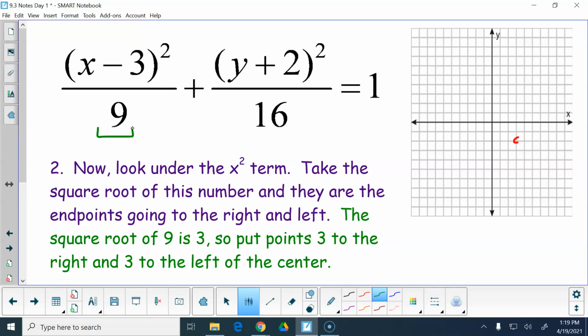So we're going to take the square root of that number, and that's how far left and how far right we're going to go. Well, what's the square root of 9? 3. So I'm going to go to the left 3, 1, 2, and 3. I'm going to go to the right 3, 1, 2, and 3, all from my center. Okay. Good so far.